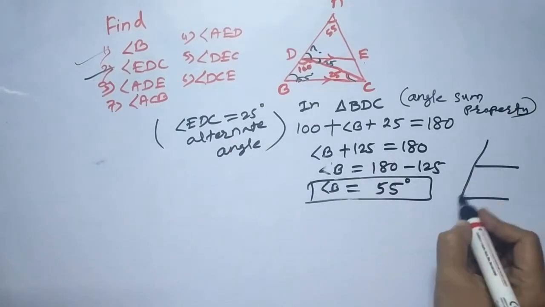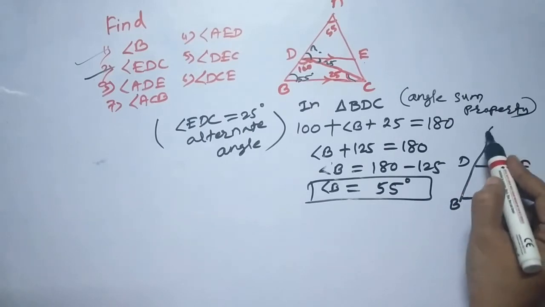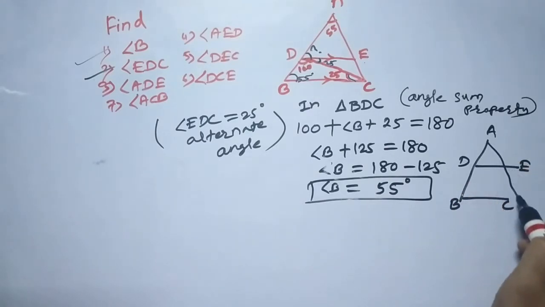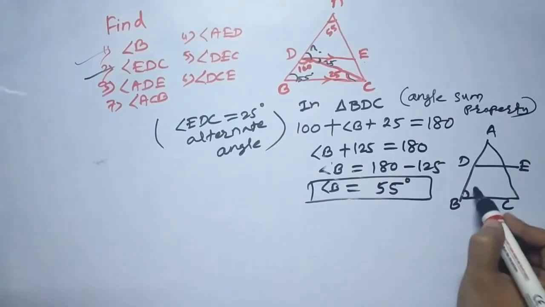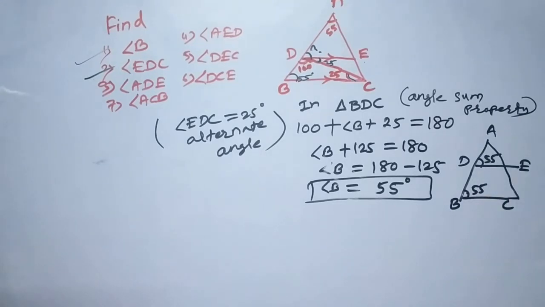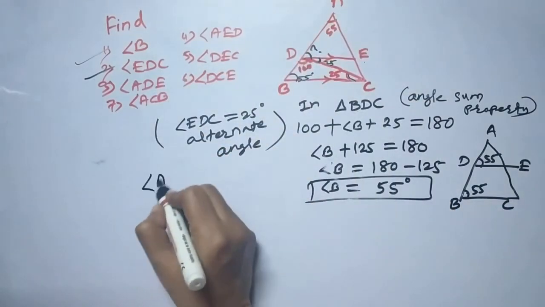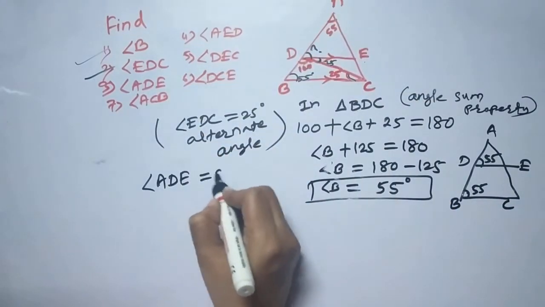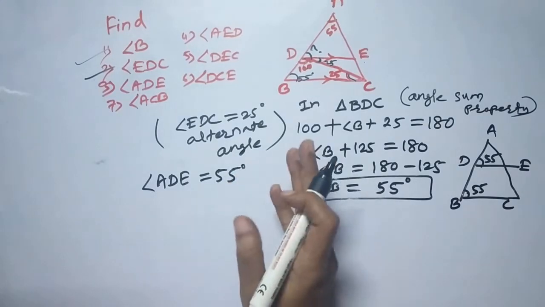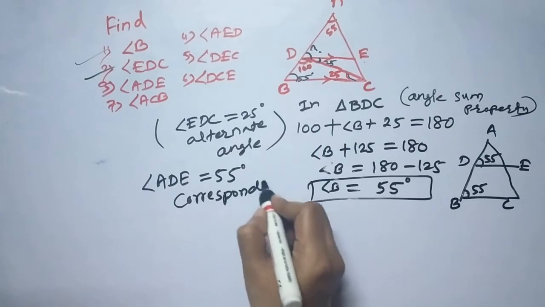So friends, this is a line BC, this is a line DE, and this is A. Like this it is there. So friends, this is 55 degree, so this angle is also going to be 55. Why? Corresponding angles. So simply, this angle ADE is going to be 55 degree. Reason is what? Corresponding angles and their measures are going to be equal.